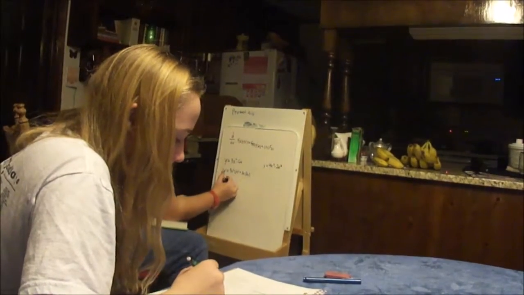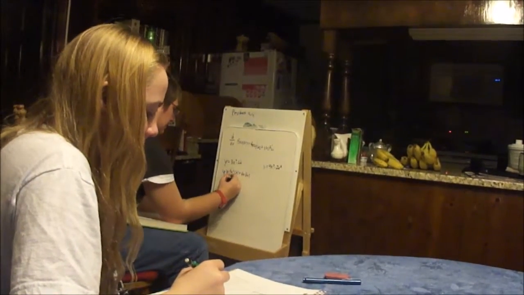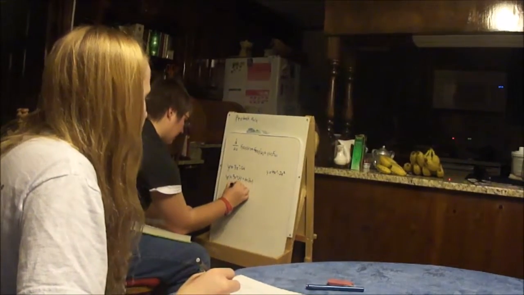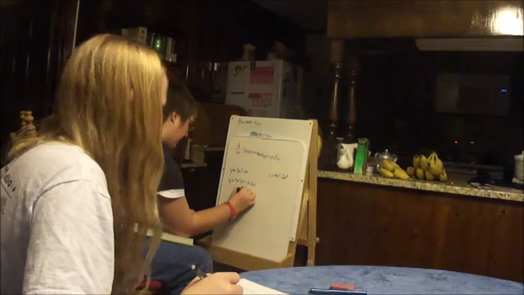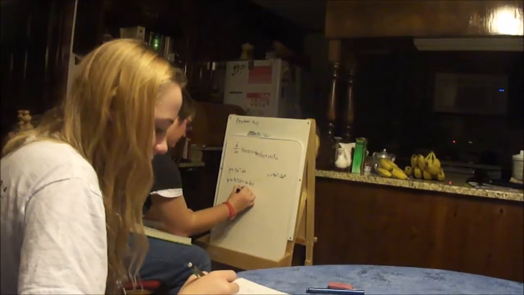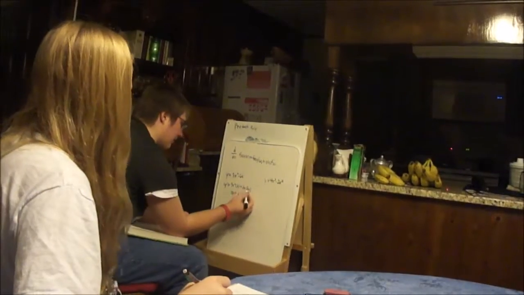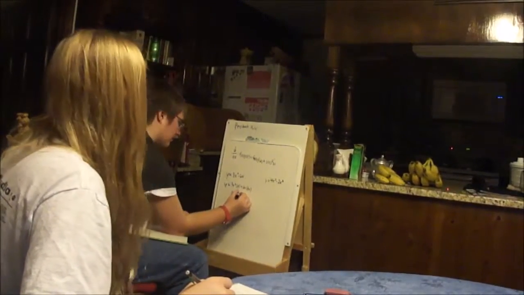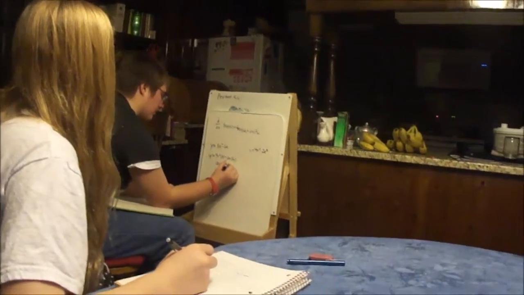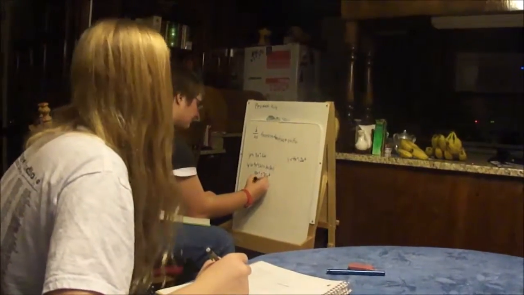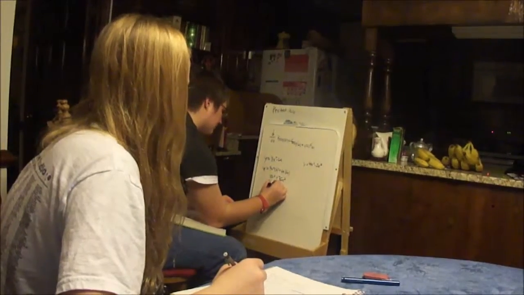And then I multiplied 3x squared and 6, and I got 18x squared. And I multiplied 6x and 6x and got 36x squared. And I put the plus sign. And then I added this together and got 54x squared.